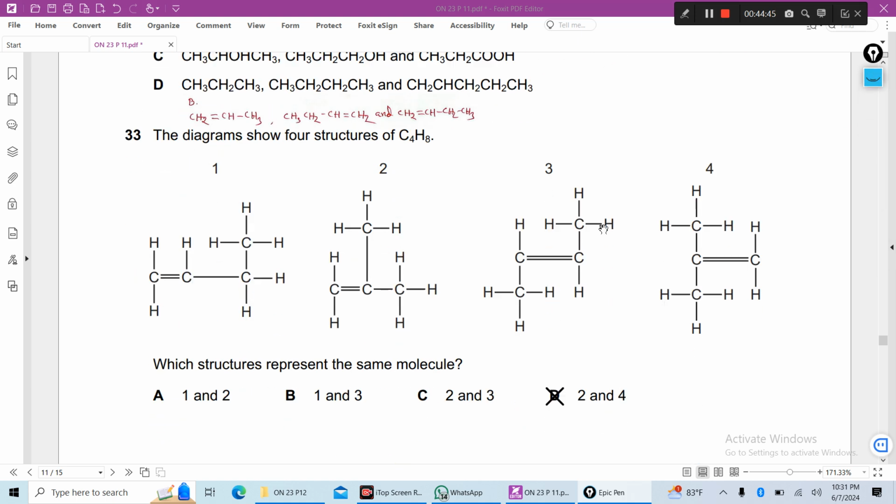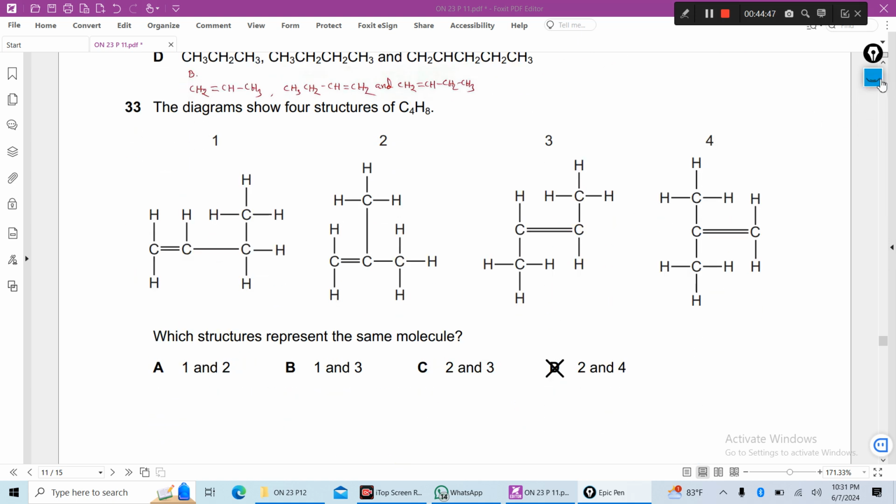Now 33. The diagram shows 4 substances. C4H8 means butene. Whose structures represent the same molecule? So 1, 2, 3: 2-methylpropene, 4. 1 and 4 are 2-methylpropene.